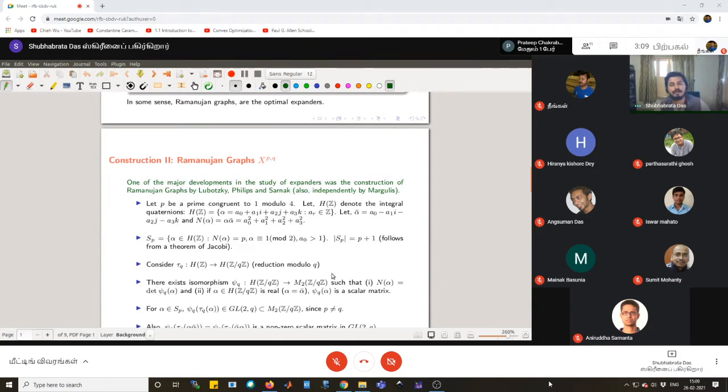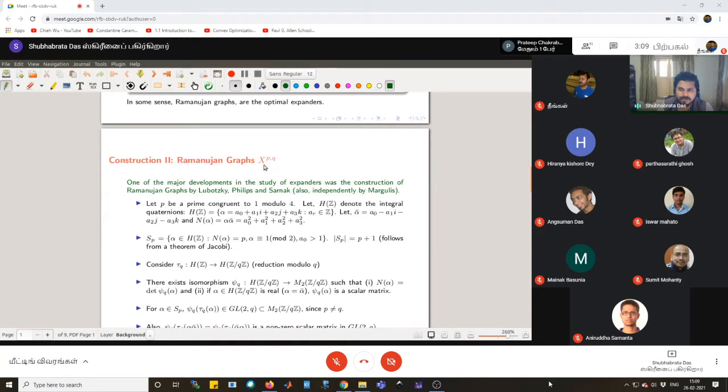We will also get this construction of Ramanujan graphs through Cayley graphs of certain groups, and I will try to give a sketch of what's going on in this construction.